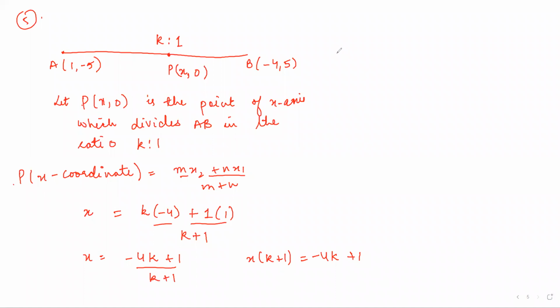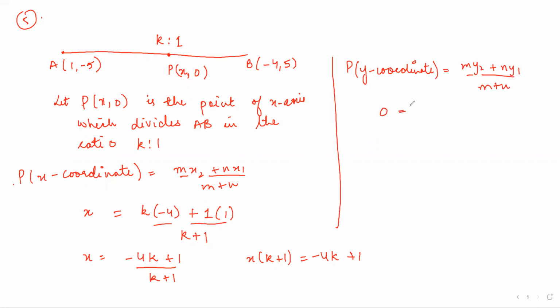Okay. Now come to the Py coordinate. Again, (my2 plus ny1) divided by (m plus n). Now the Py coordinate is 0. This is k into y2, which is 5, plus 1 into minus 5, divided by k plus 1.